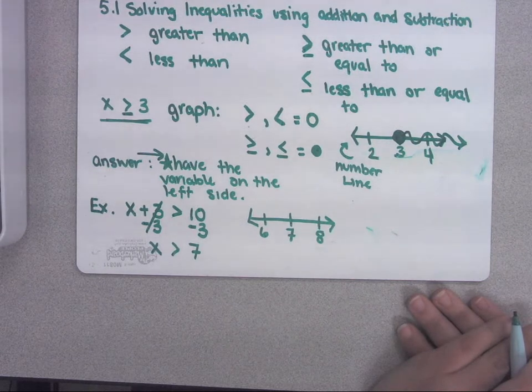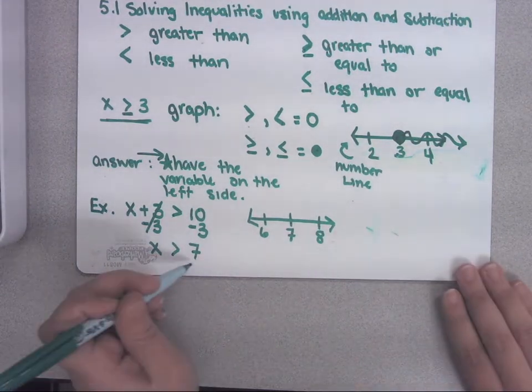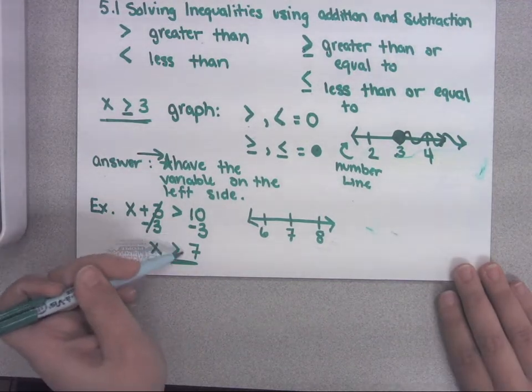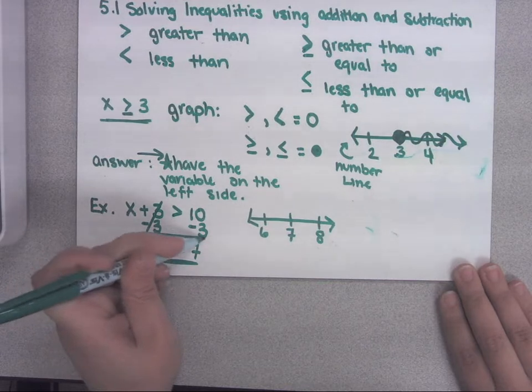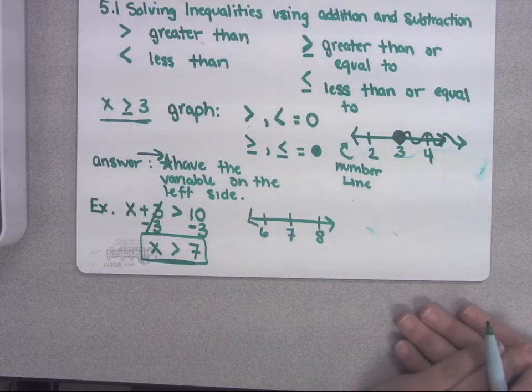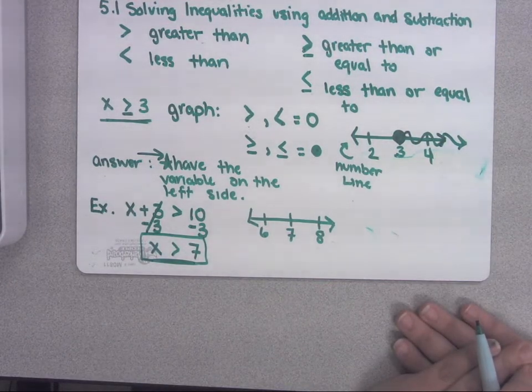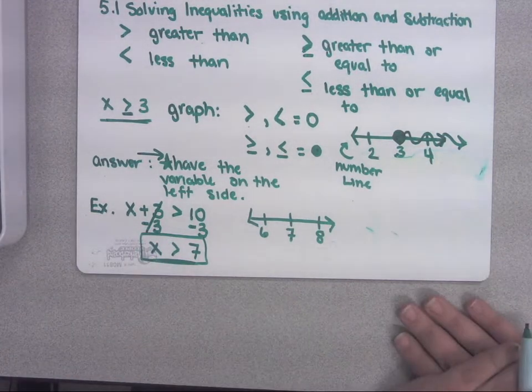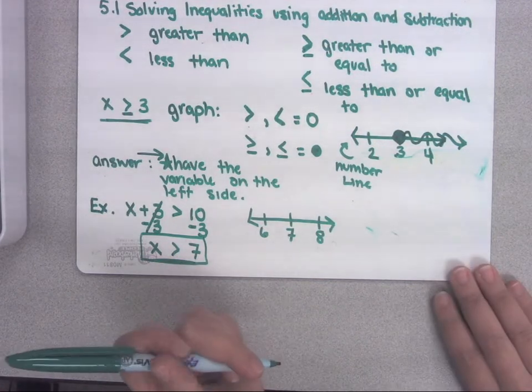Hunter, open or closed circle for this inequality? Look at the inequality sign. I just boxed it. He said closed. Look at this sign. That's why I asked him again, because he said an answer that was wrong. Open.